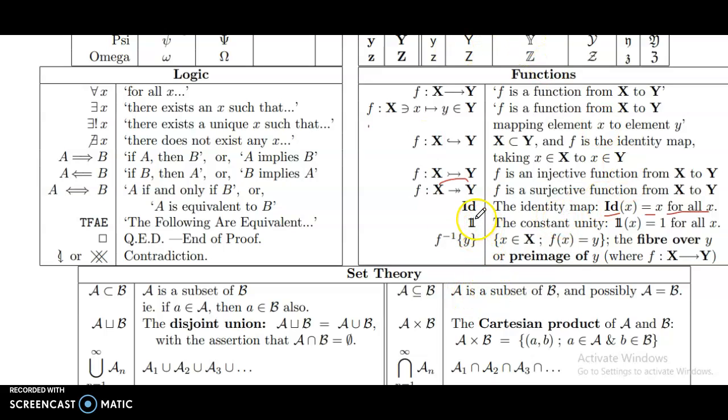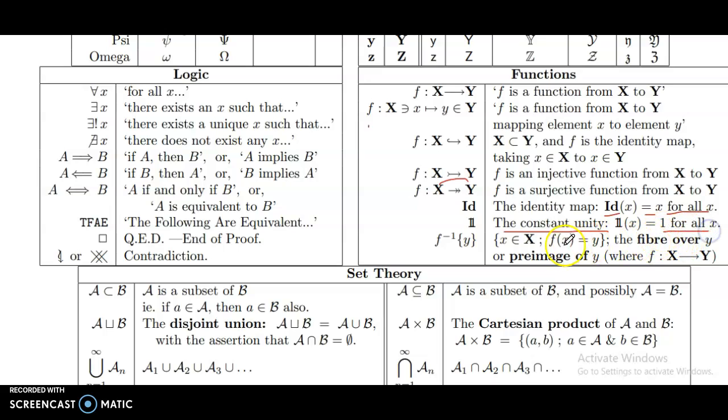Then this symbol, like a pi with a horizontal line touching a vertical line, means the constant unity. The constant unity of x equals 1 for all x.